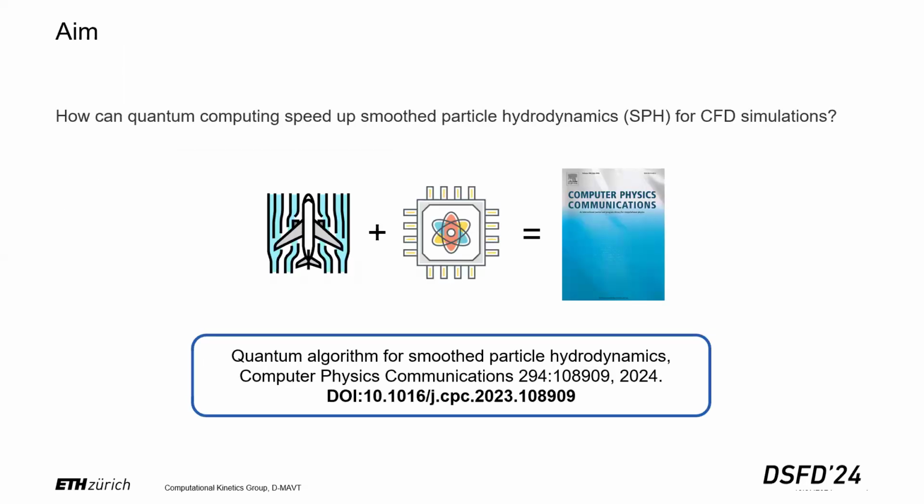So first off, the aim is to develop quantum algorithms for SPH. We want to identify the bottlenecks in the SPH method and see if quantum algorithms can fix some of those issues. We do so by showing a proof of concept, by solving two very commonly encountered PDEs, the advection and diffusion equations. And this is the paper that we published.